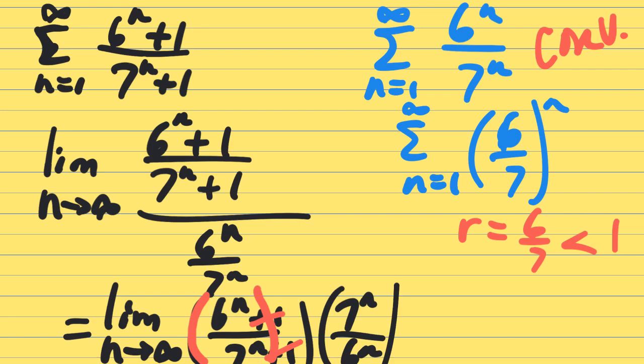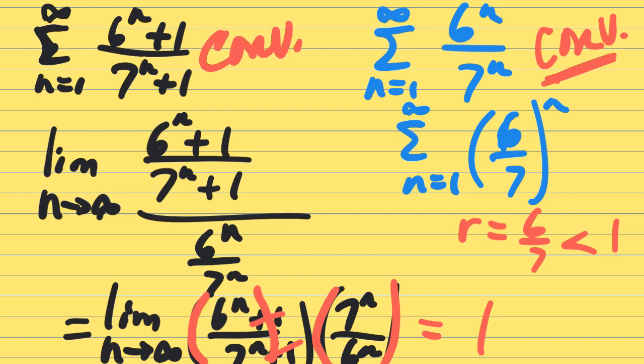If you concentrate on the original series without the plus ones, and you're multiplying it times the reciprocal of the one you built, you get cancellations all around, don't you? This limit comes out to 1, which is finite and positive. Since the one we built converges, the original will too.